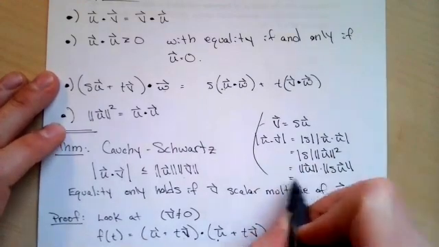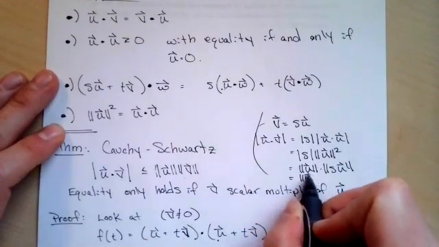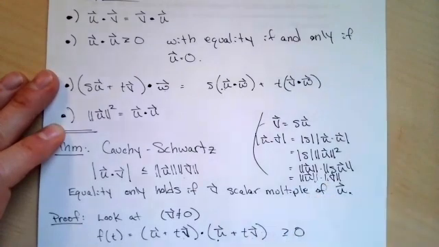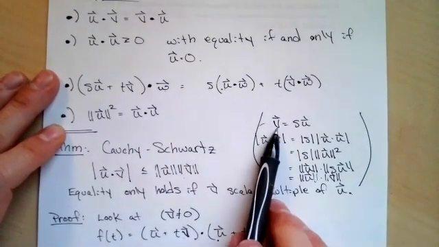In other words, we get equality of norm of u times norm of v.